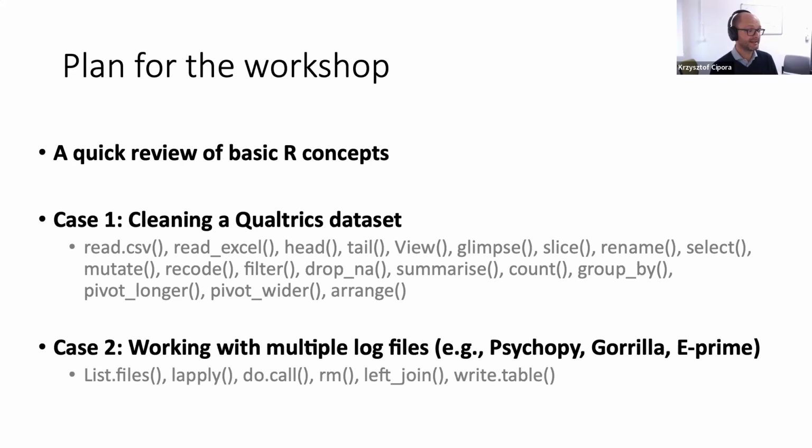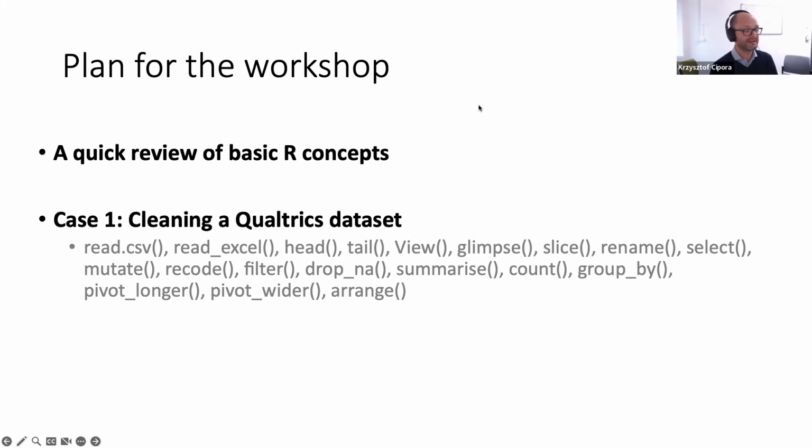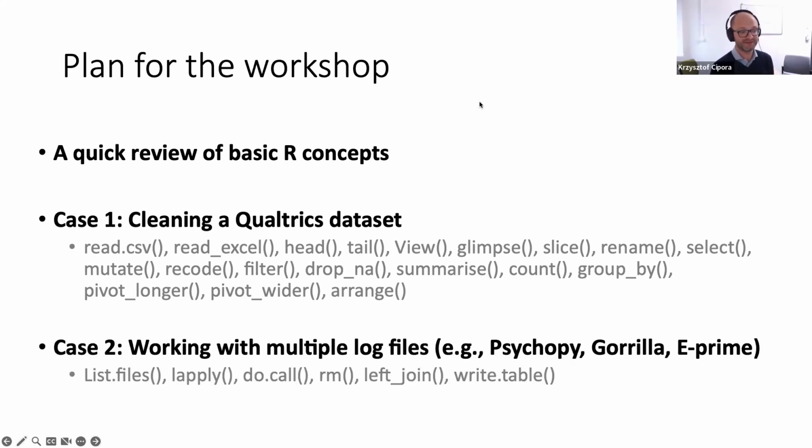The other case is working with multiple log files. So for instance, imagine that you have conducted a study using PsychoPy, Gorilla, ePrime or other software of this type, and then you end up with a folder of more or less structured files, and you want to move on from there somehow.